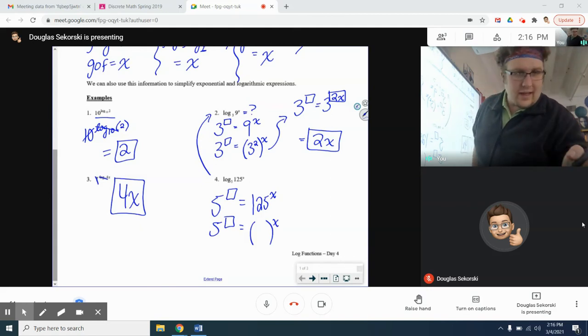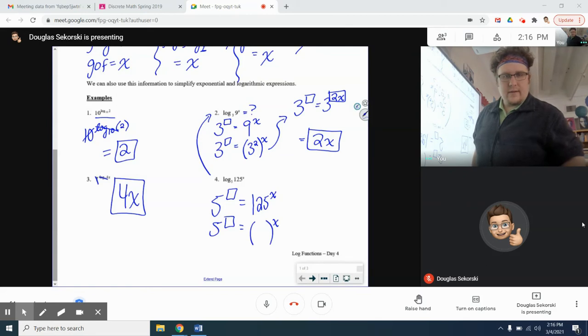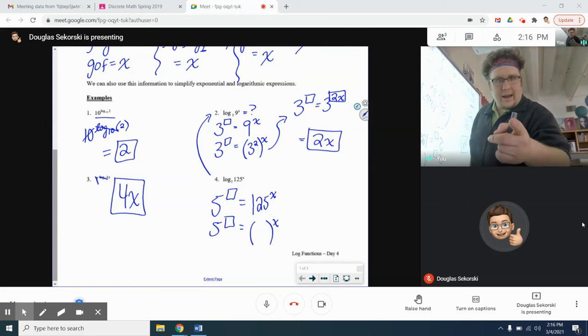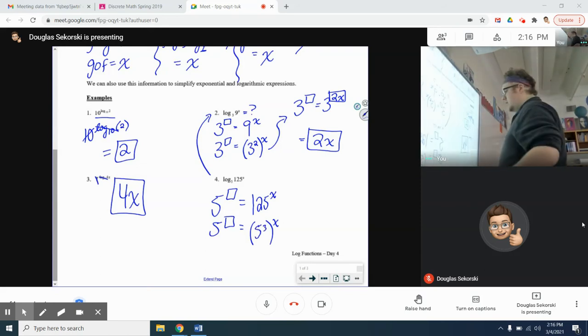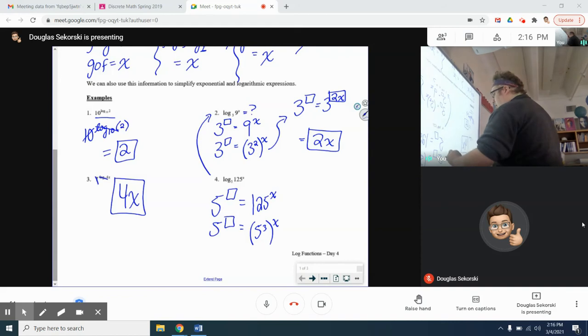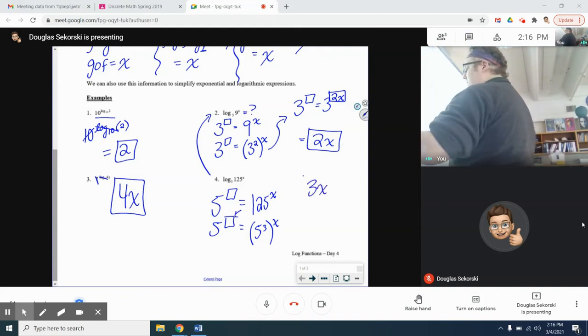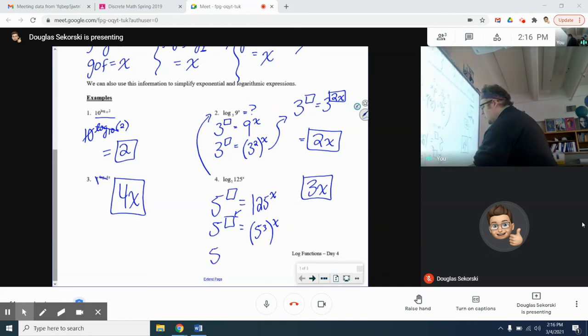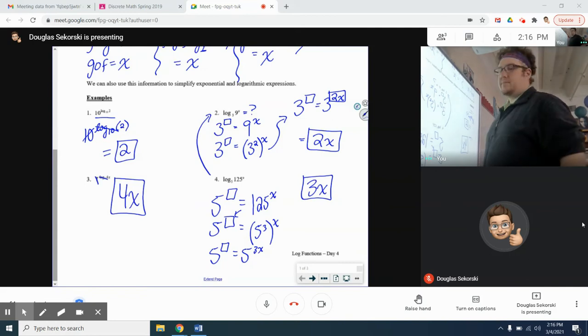Go ahead, say it out loud. 125 is what as a power of 5? Good job. You got it. 5 cubed. So if I want to know how I would fill this box, I would fill that box with 3x, because we would have 5 to the what equals 5 to the 3x. So the answer to what is 3x.